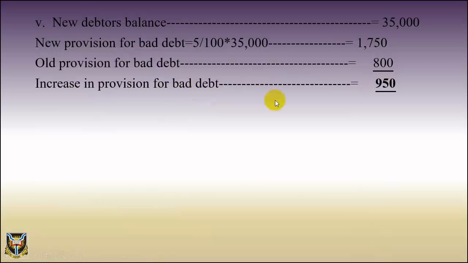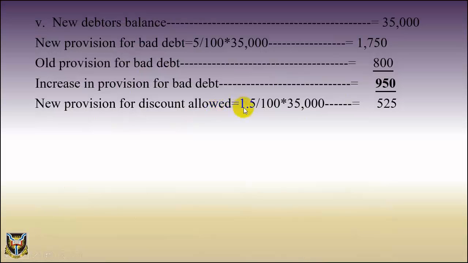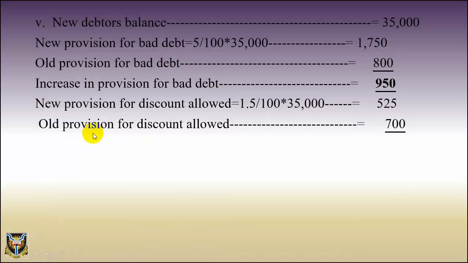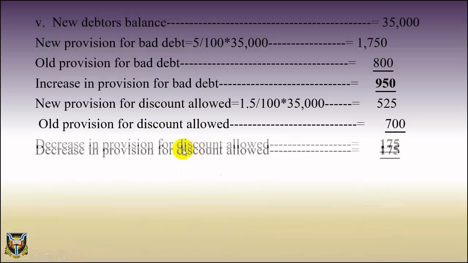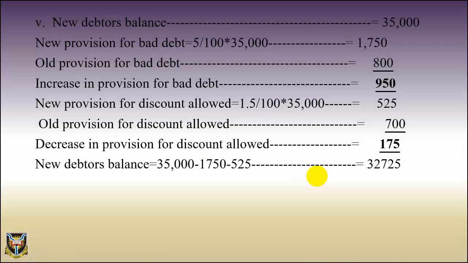Increase in provision for bad debt is equal to 950. New provision for discount allowed is equal to 1.5 over 100 times 35,000 is equal to 525. Old provision for discount allowed is equal to 700. Decrease in provision for discount allowed is equal to 175. New debtors balance is equal to 35,000 minus 1,750 minus 525 is equal to 32,725.